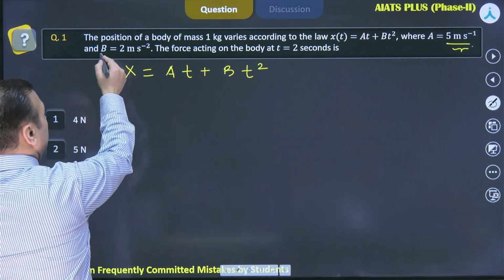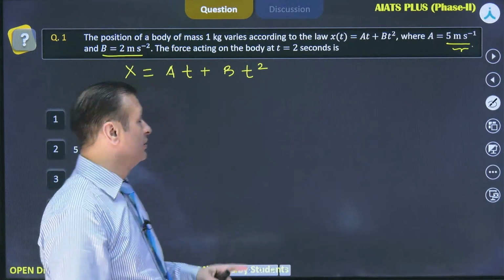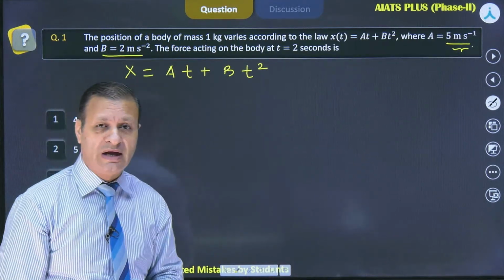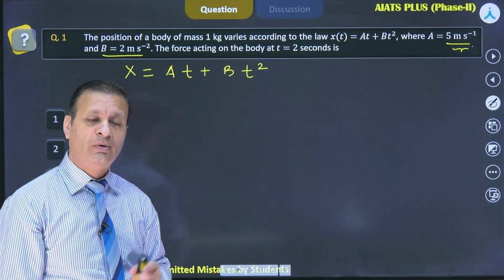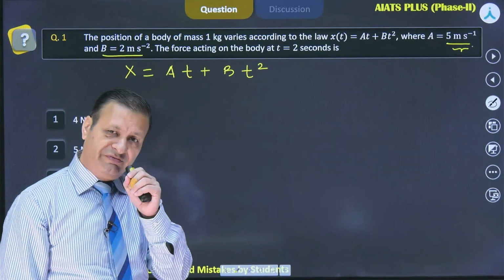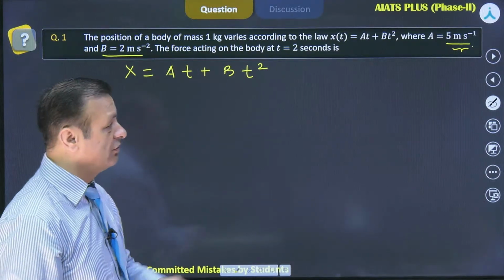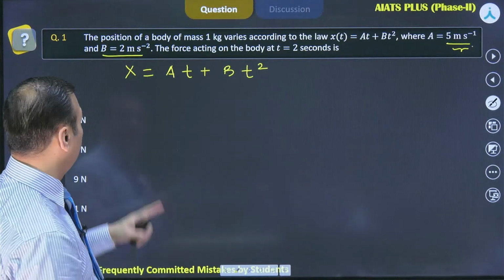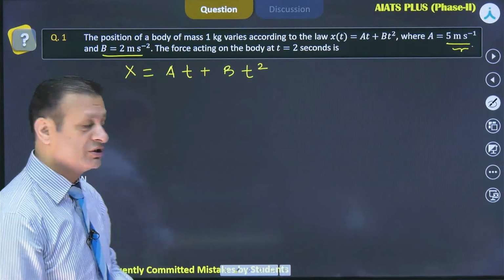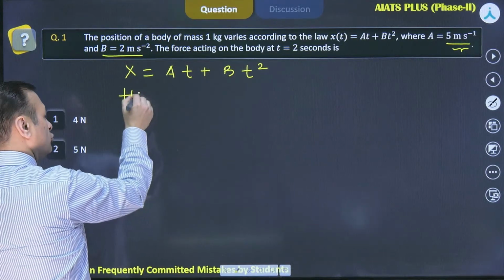And the value of B is 2 meter per second square. No doubt B also has a constant value, but why are these units assigned to it? So let's understand the very first concept, why these constants have units of A as meter per second and B as meter per second square. This is based on your homogeneous rule.